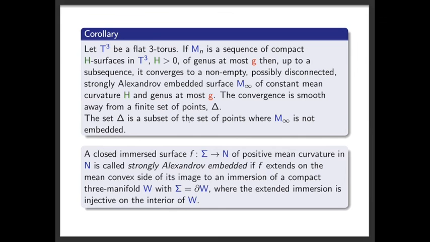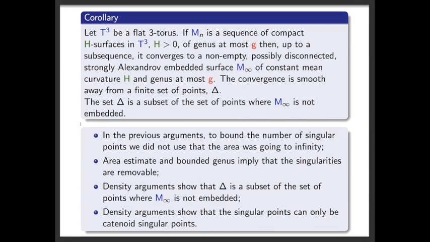Okay, and so the idea, why do we have this result, is because in the previous argument, to bound the number of singular points, we did not use that the area was going to infinity. You can prove that once you have the sequence, the number of singular points is bounded, and then you can remove the singularities by using the area estimates and bounded genus.